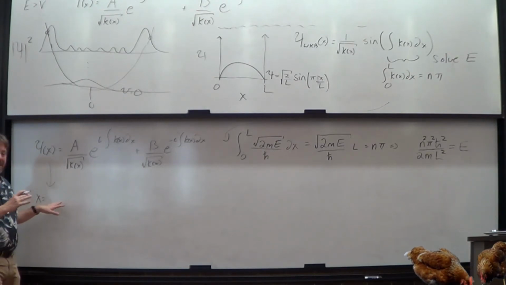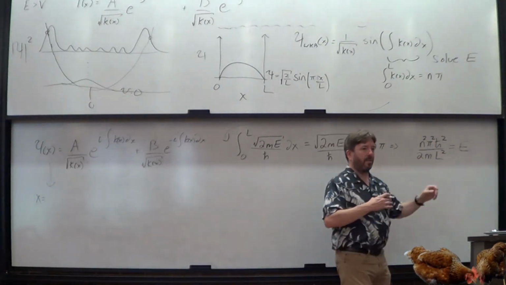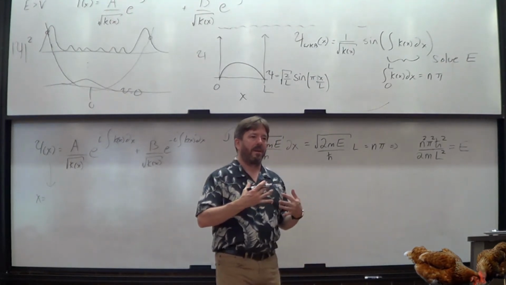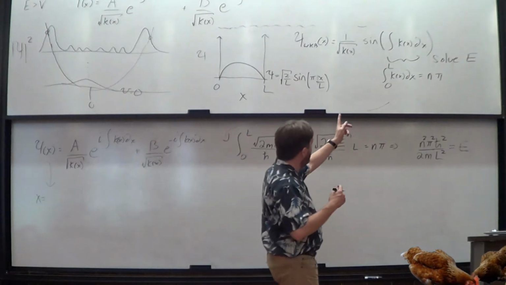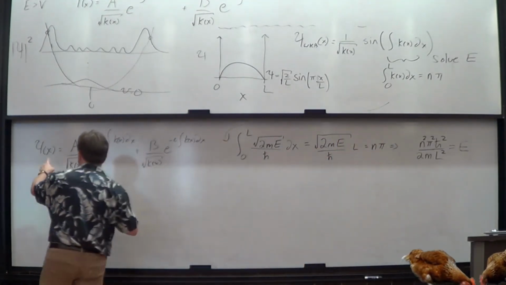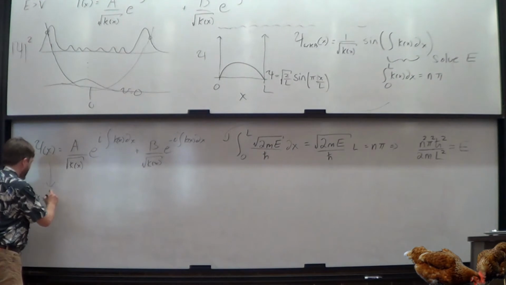I have to make x equal to something to make the argument of sine equal to something, right? I forced the wave function to be 0, and the only way to do that is to make the argument of sine n pi. Therefore, I'm talking about at x equals what? 0 or L. Let's say it's L.